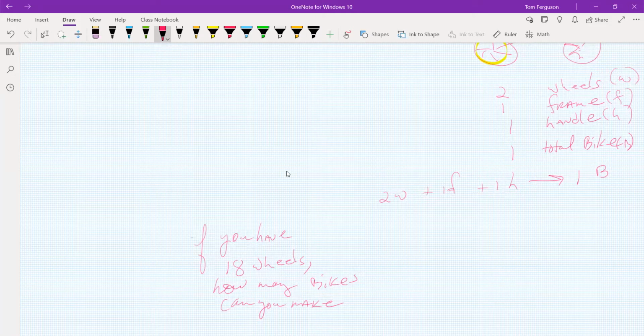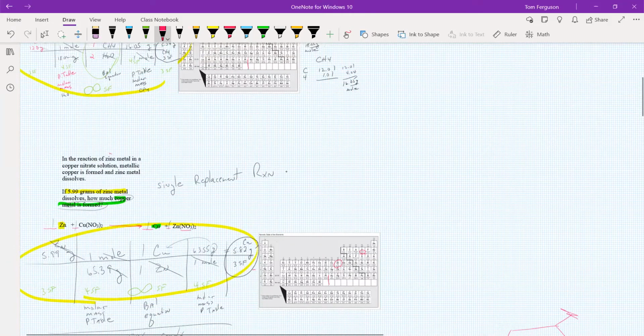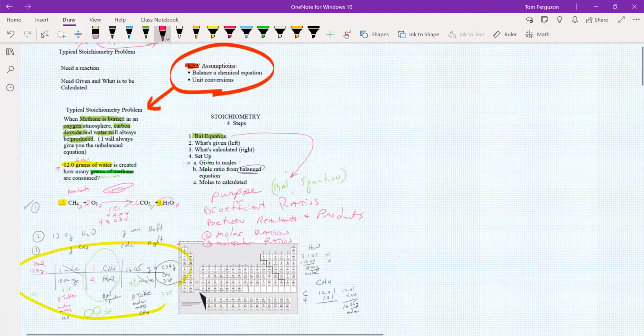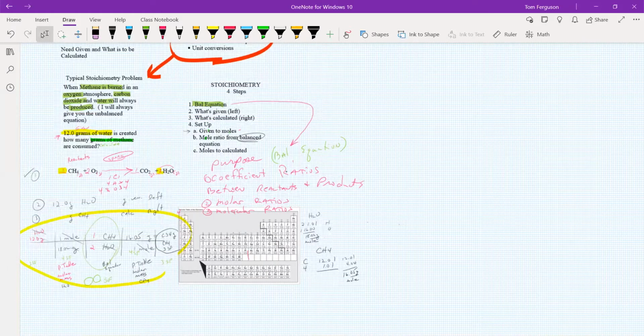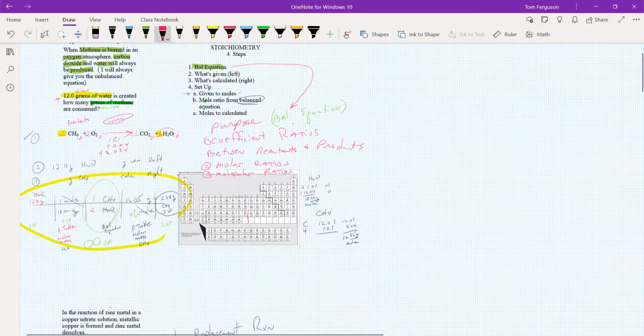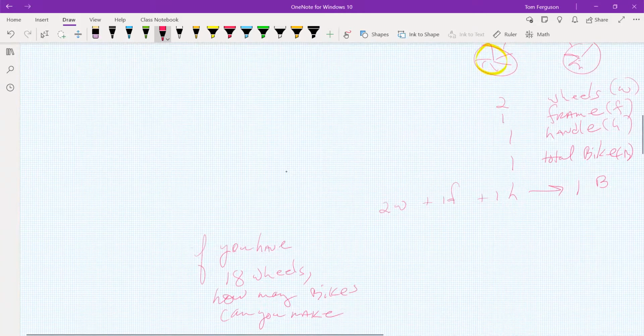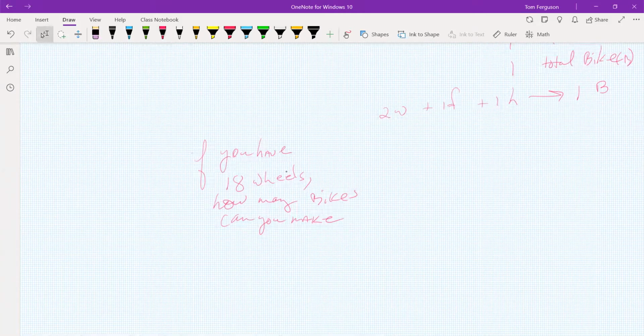You go, oh, 9. Oh, why? Because it takes 2 wheels per bike. And 2 into 18 goes 9, right? That's the same as this. I've related wheels, frames, handlebars to number of bikes. It's that relationship.